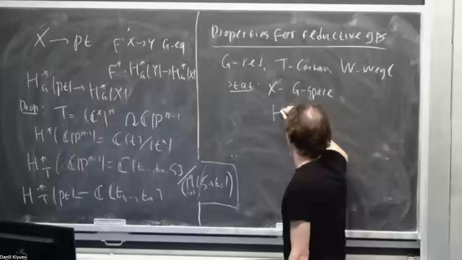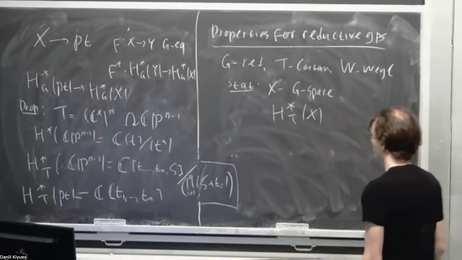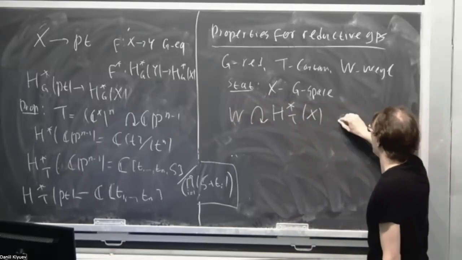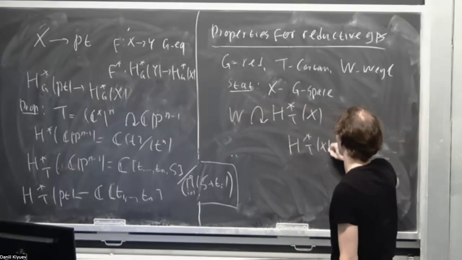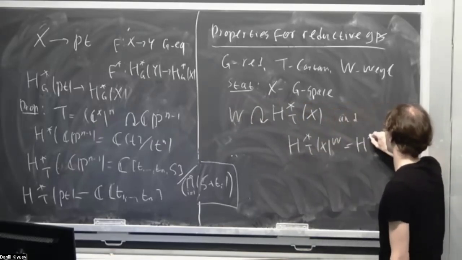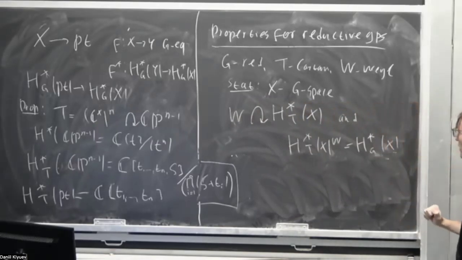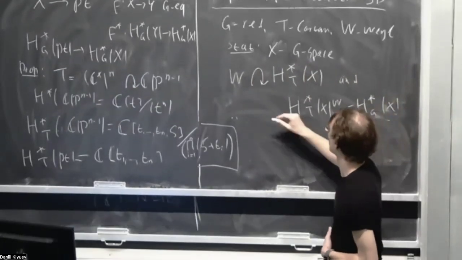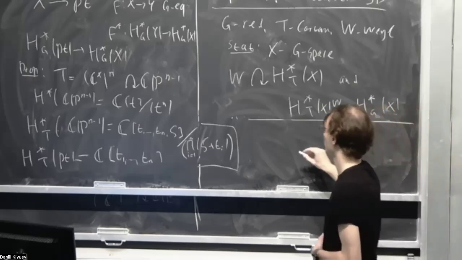So we can consider H*_T(X), and it turns out that W acts on this ring, and its invariants are exactly the G-equivariant cohomology of X. And one nice example of such a thing is when X is just a point.